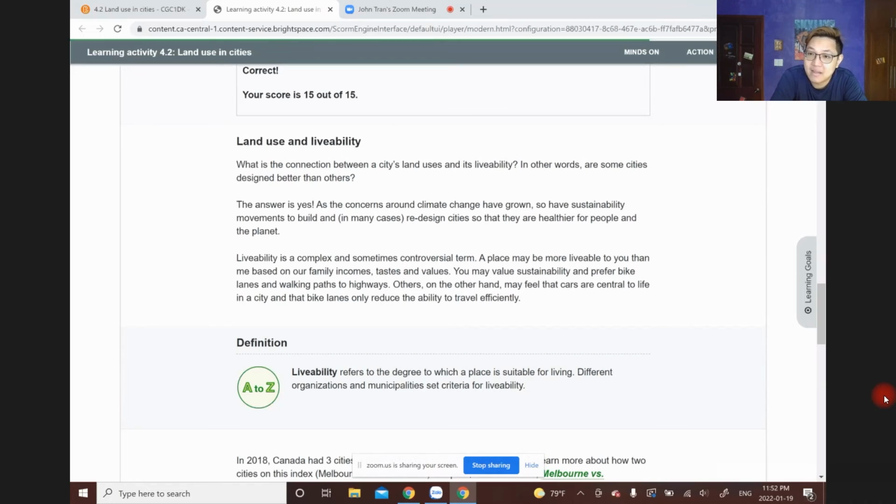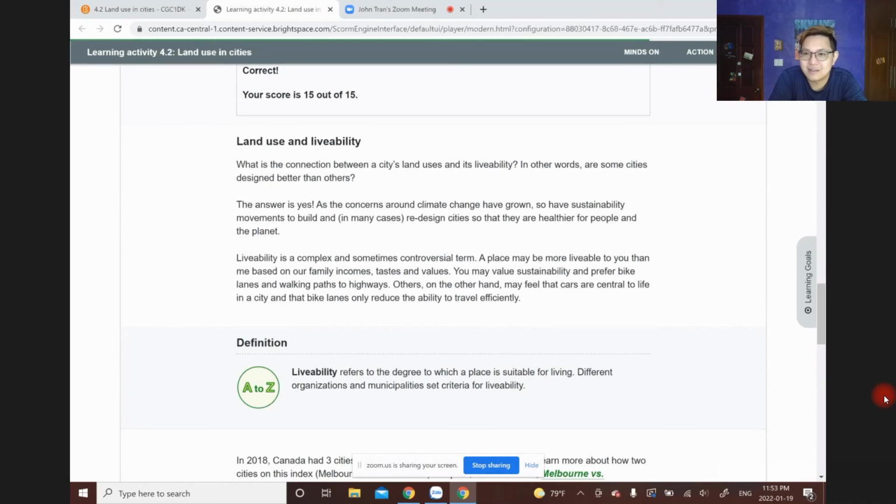For example, there must be shopping malls nearby, a swimming pool, gyms, and bike lanes nearby. They set criteria for a place to be called livable. If a place doesn't have those things, then it is not considered livable.